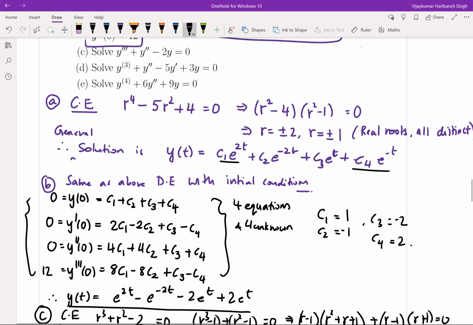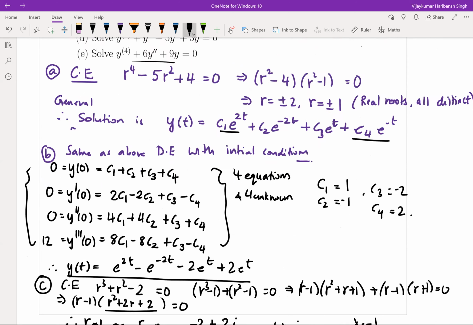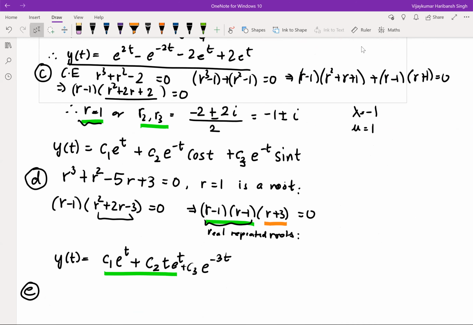We have y to the 4 plus 6y double prime plus 9y equals 0. So the characteristic equation is r to the power 4 plus 6r squared plus 9 equals 0. This is the same as r squared plus 3 the whole squared.